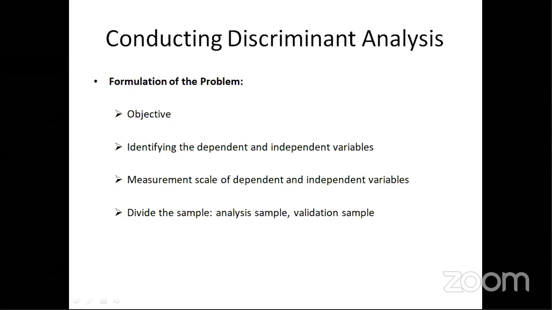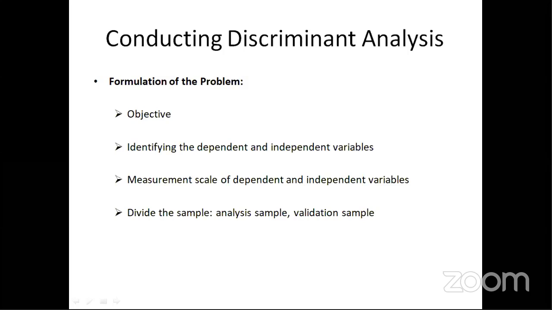So you have to see the measurement scale of the dependent and independent variables. And here you have to confirm whether your dependent variable is on a nominal scale or not. If it is not nominal, you have to convert that information into a nominal scale.